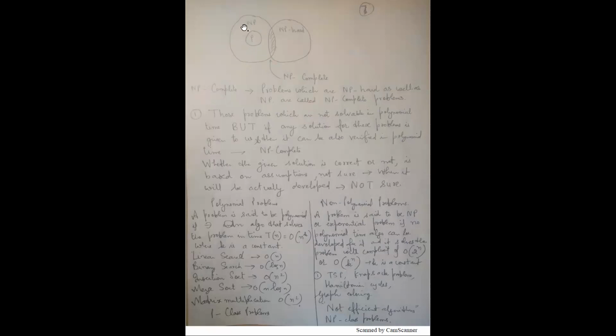What is the meaning of those problems which are not solvable in polynomial time? But if any solution for the problem is given to us, it can be verified in polynomial time. NP problems are those whose solution is verifiable in polynomial time. NP hard problems are what? Solution does not exist.